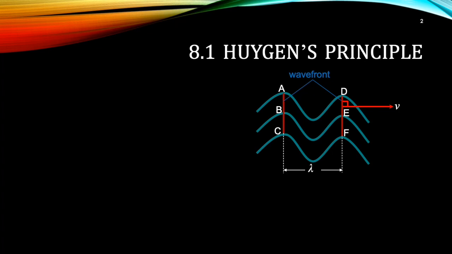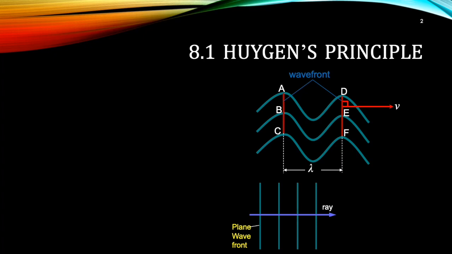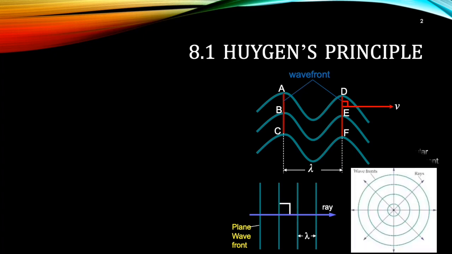There are 2 types of wavefront. The first one is the plane wave, and the other one is the circular wavefront.